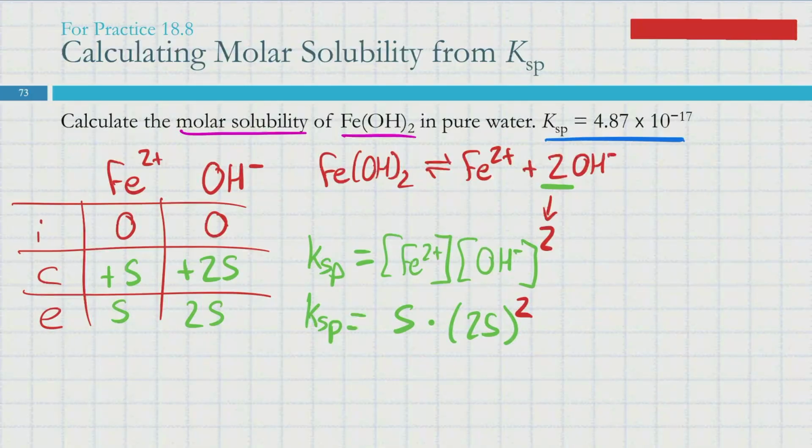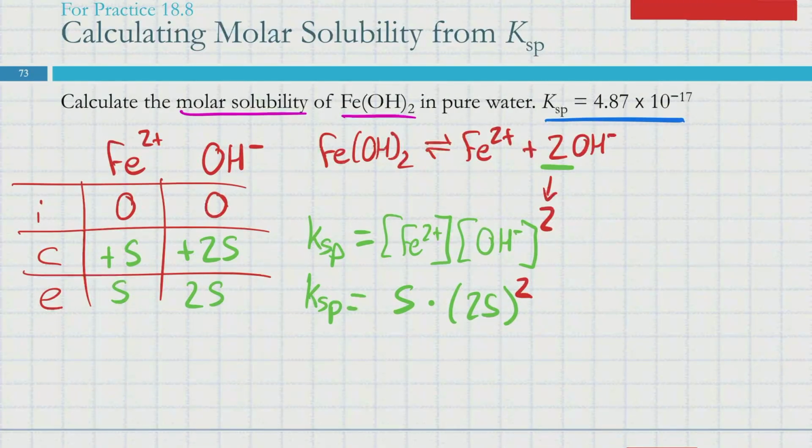That's the tricky part, is remembering to put in 2S to this thing that's squared. Otherwise, you'll be off by at least a factor of 2, if not more. So that'll shake out to 4S cubed.